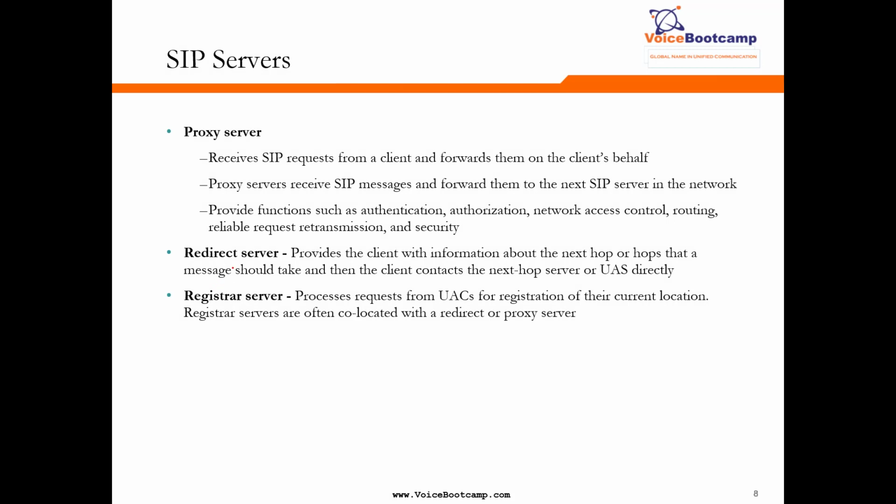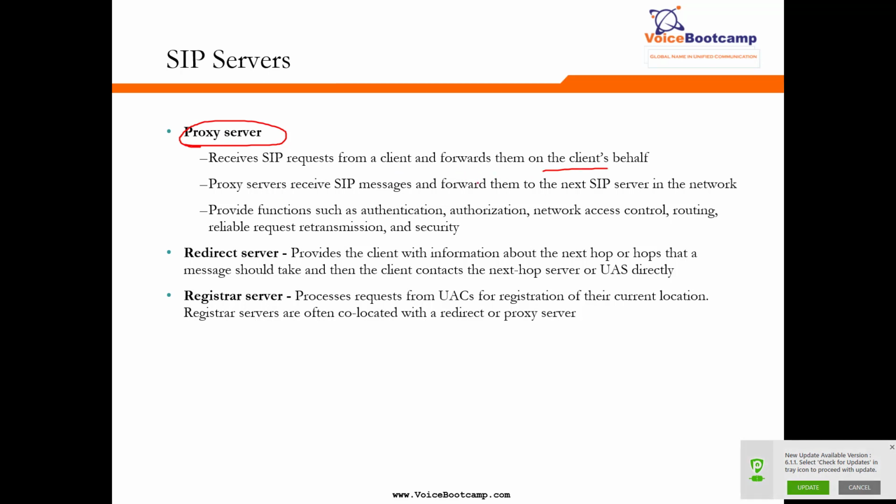Now, from a server perspective, there are a few servers that we need to go through. You've got the SIP proxy server. In an environment, you'll often see a SIP proxy server for various reasons. They could be used for load balancing, or for centralized call control. A SIP proxy server will receive a SIP request from a client and forward it on the client's behalf to the next device.